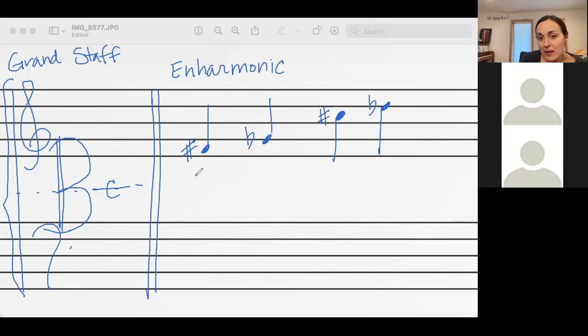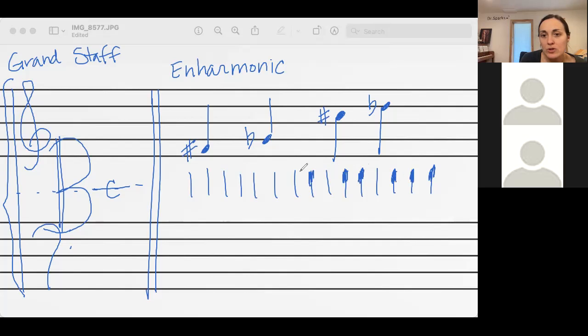Now, if I got my piano back out here, did my quick piano sketch, okay? What we can do is count, or I guess maybe keep track anyway, of where our accidentals are, and then be able to assign a second note name to them.